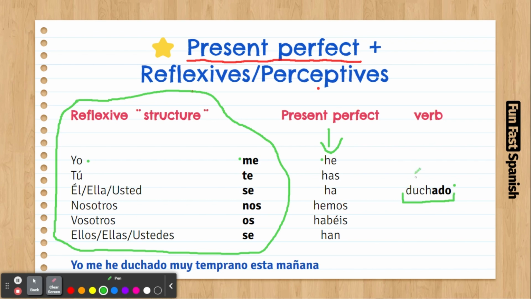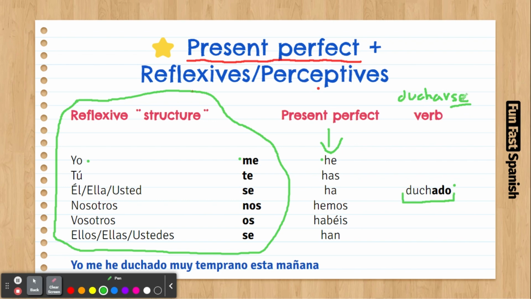Now, duchado is a reflexive verb. As you remember, ducharse, right, is to take a shower and is reflexive. Therefore, we cannot use yo he duchado, right? Because yo he duchado is wrong. You have to include the se, which is the reflexive part.